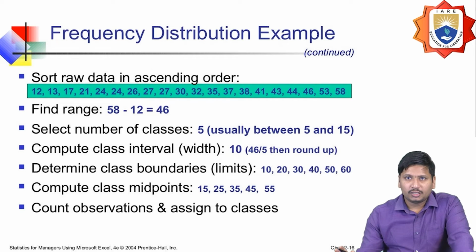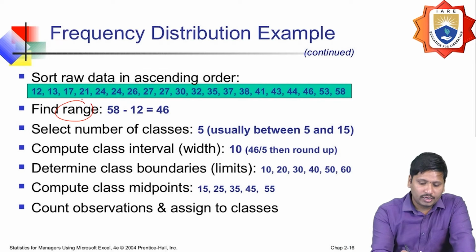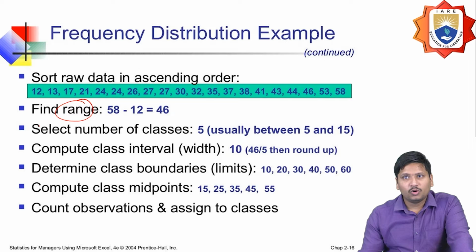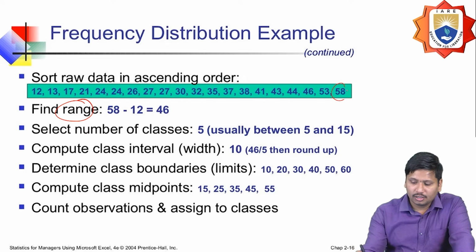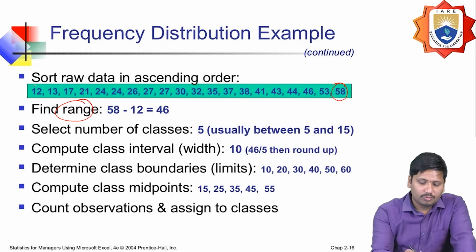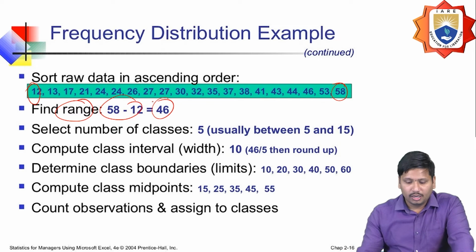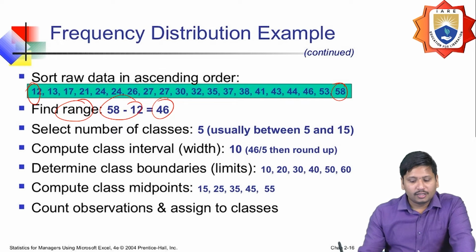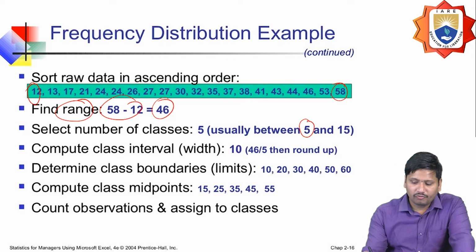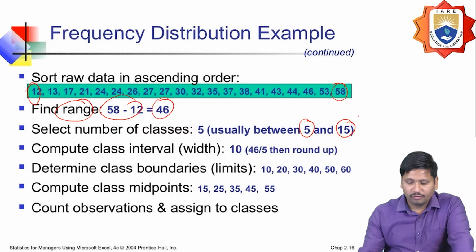Once we have this ascending order, you first find the range. The range is calculated by finding the maximum value and the minimum value, and then subtracting. What we get is the range. And select the number of classes here. Usually you select it between a minimum of 5 and a maximum of 15.